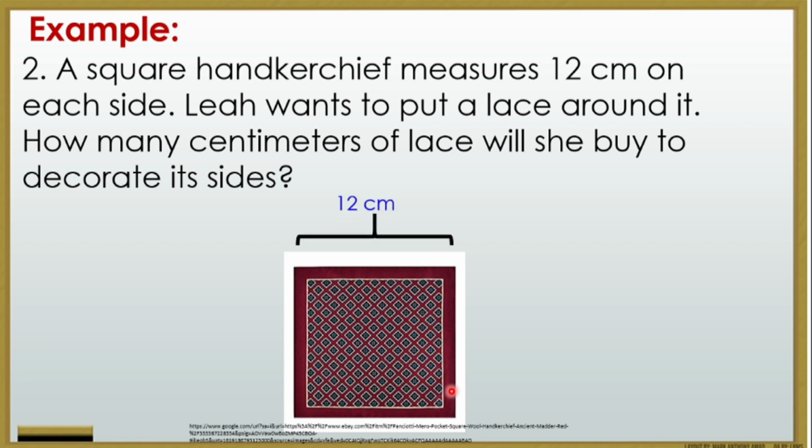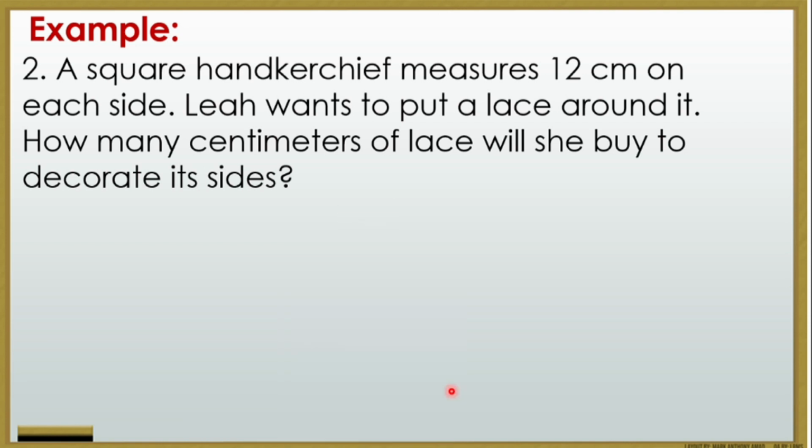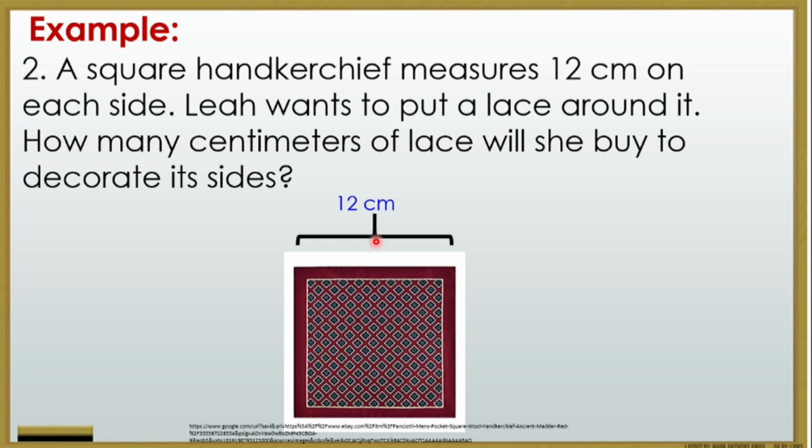This would be the length and this would be the length. So, this length represents each side because the handkerchief is a square figure. So, this side is equal to this side and this side is equal to this side because in a square all sides are equal.